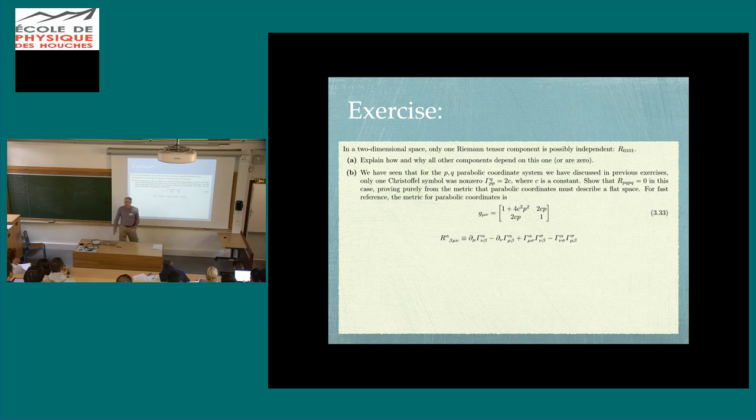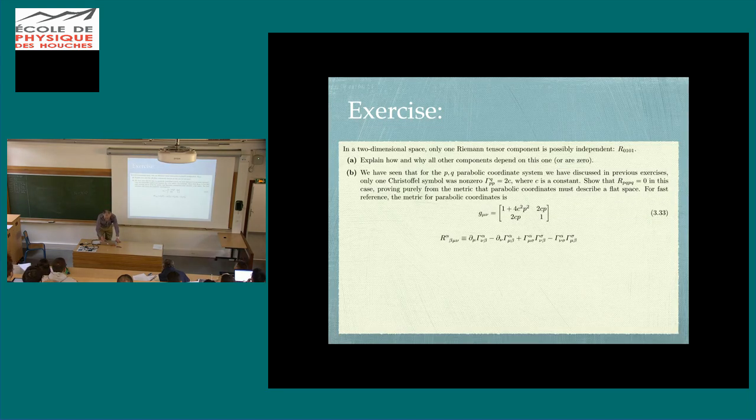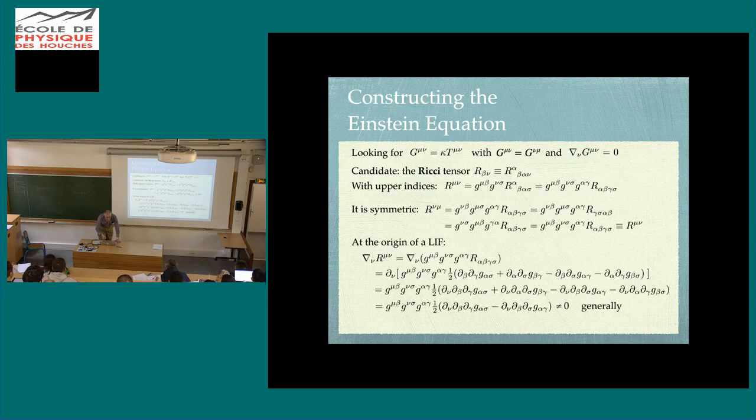We've done that, and then you could use the Riemann tensor to test whether that metric represents a flat spacetime or a curved spacetime, and it'll come out flat, as it must. So I do recommend doing the exercise. But let's go on, and now we're going to actually try and, yes, question.